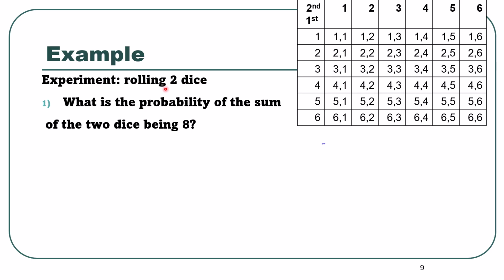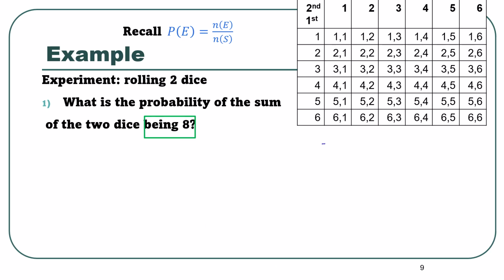We talked about that sample space before, and we want to calculate the probability of the event, the sum being 8, occurring. All we need to do is calculate the probability using the suitable approach from our 3 different approaches. Here we have equally likely events, so the classical approach is the one to use.